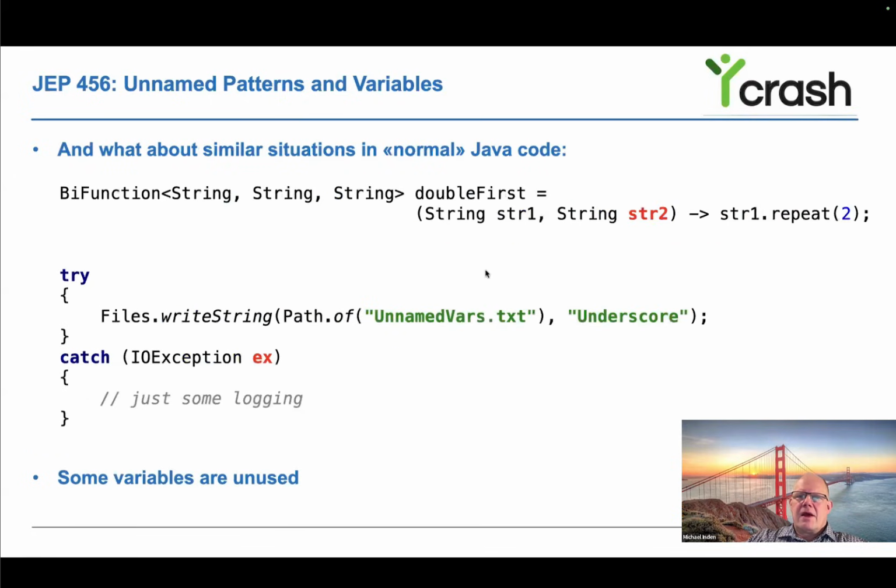The same applies if we have something like a lambda expression, and on the right side of the lambda, we do not use one of the parameters from the left side. Or sometimes we have exception handling and we do just some logging and we are not using the information provided by this exception. So these are more or less unused. It would be cool to have the possibility to indicate this.